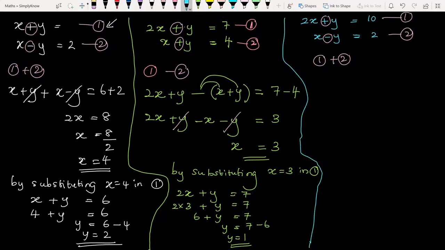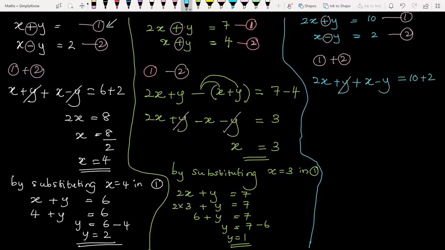Now it's time to solve our last pair of simultaneous equations. Here we need to add the two equations because the signs are different. So 2x plus y plus x minus y equals 10 plus 2.